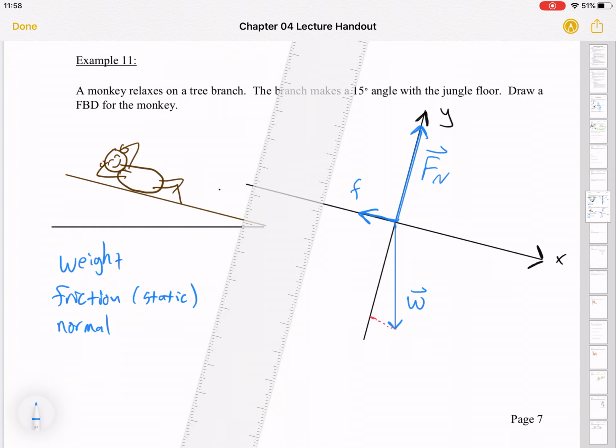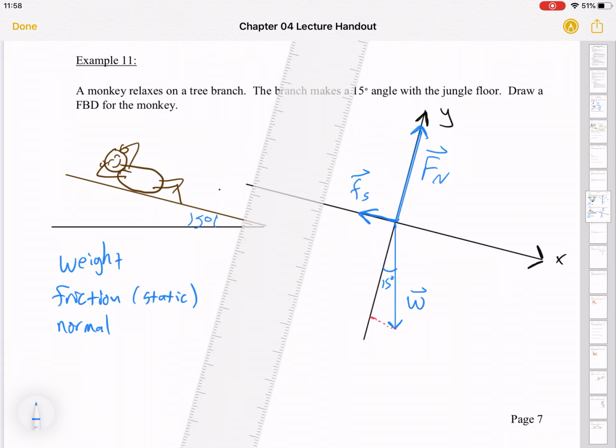Sometimes if it's static, we'll say F sub S. Okay, that's pretty good. Or you could say F sub F, but again, this is static friction, so it could be F sub S, which is confusing. The only other thing I might do is label this angle. And again, because this is such a narrow angle, it's pretty clear that that's the 15 degree.